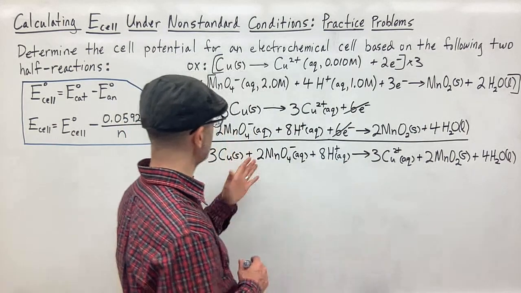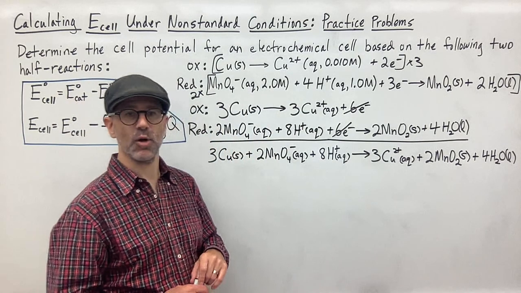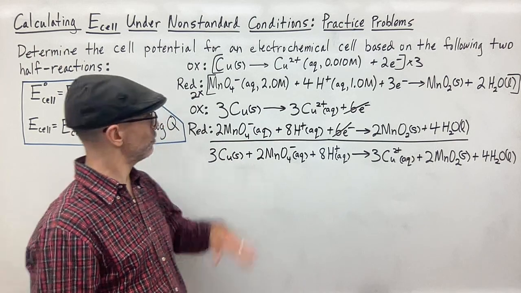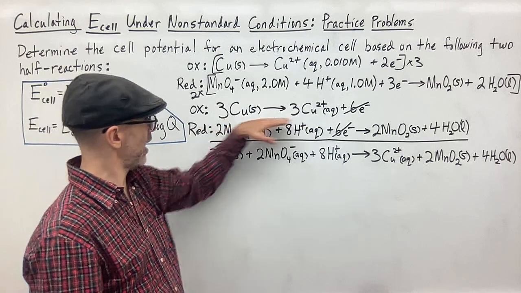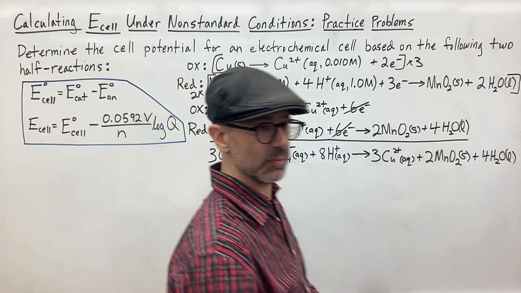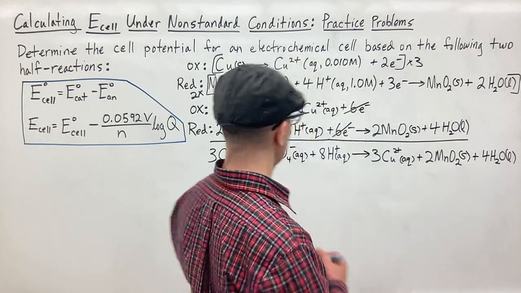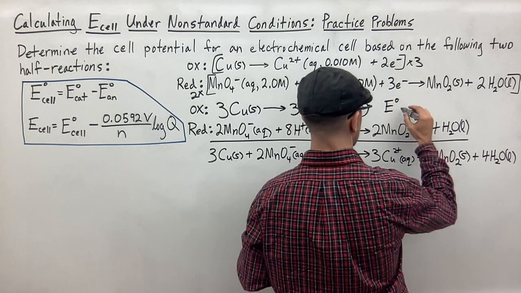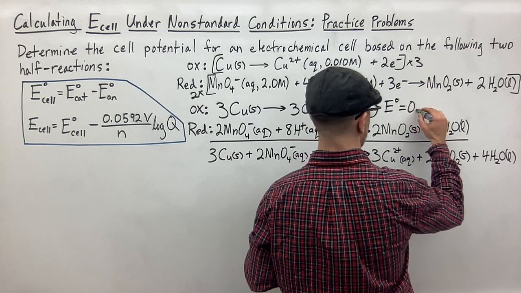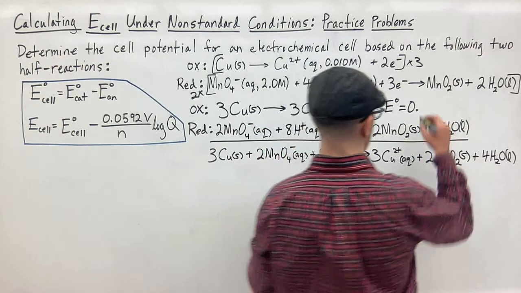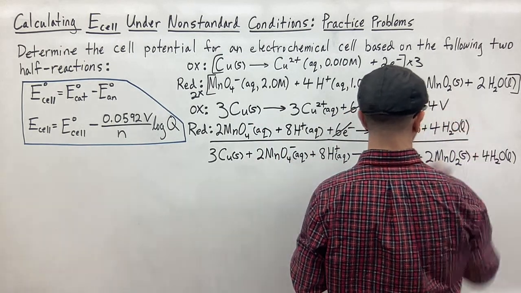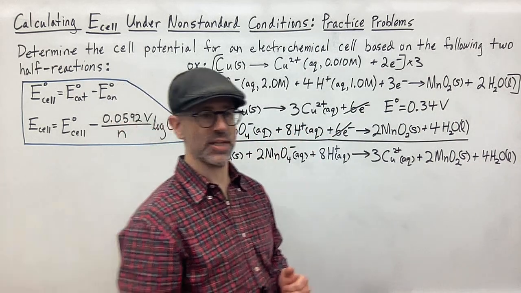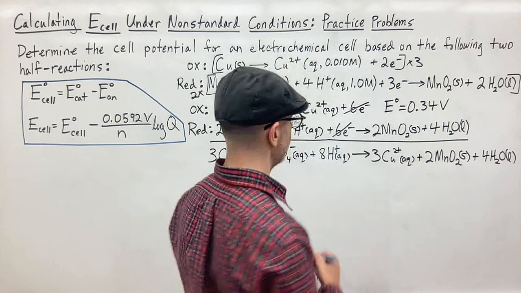If we look on the table for the reduction half reactions and their standard electrode potentials, we find that copper has a standard electrode potential of 0.34 volts. And then for this reaction, we looked that up on our table and we find that it has a 1.68 volts.